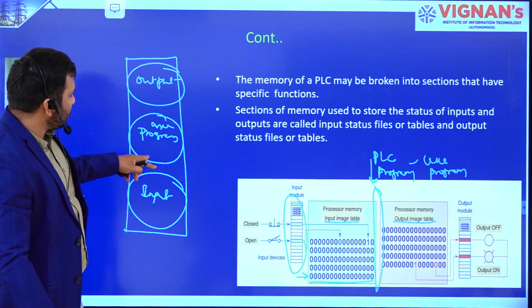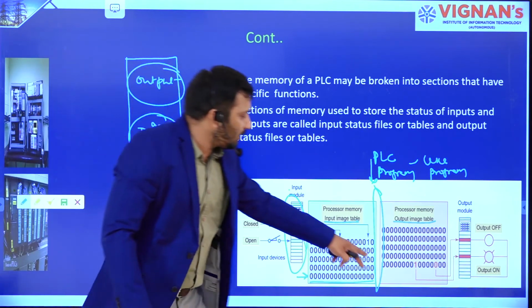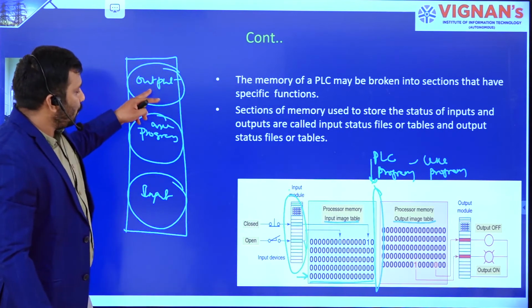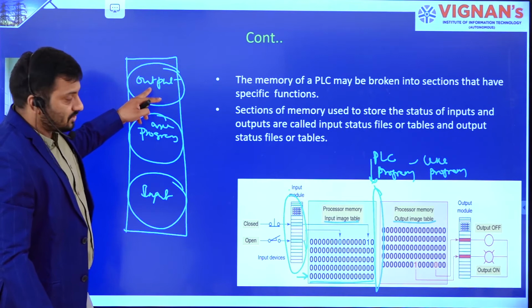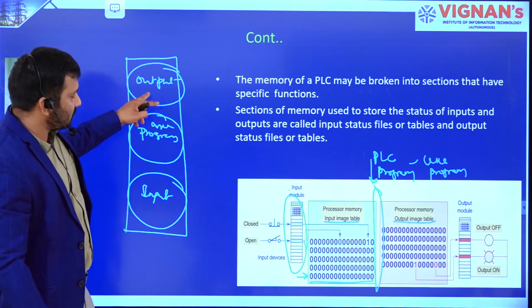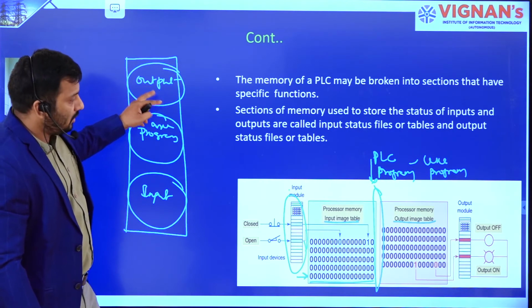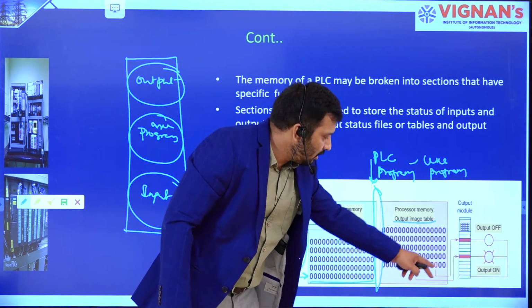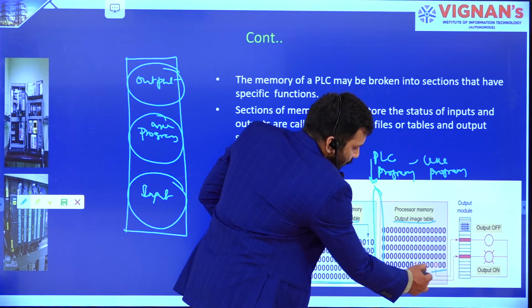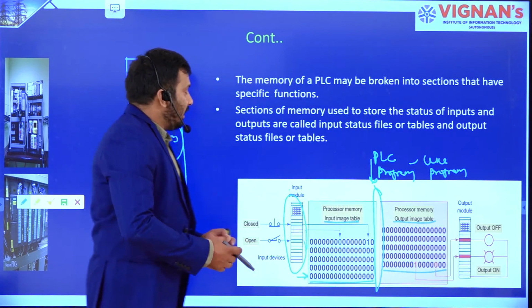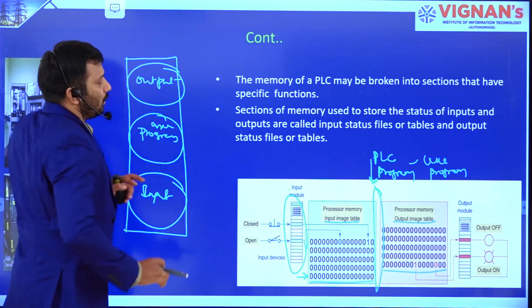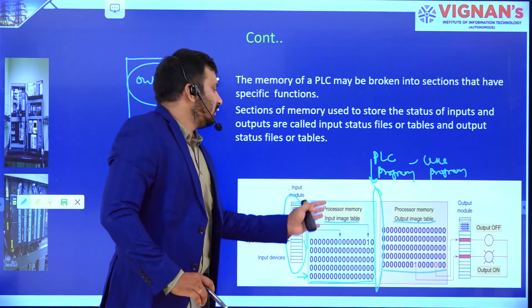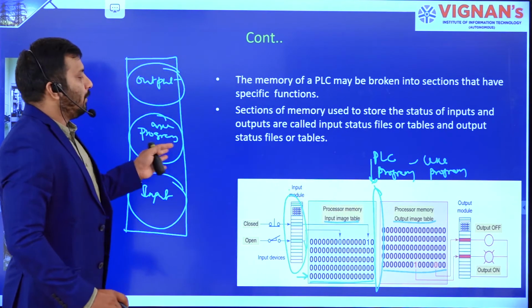After execution of the instructions, the output image table is updated. That is, you allotted some registers in the RAM memory, and the data present in these registers is going to be changed based on the program executed by the CPU.